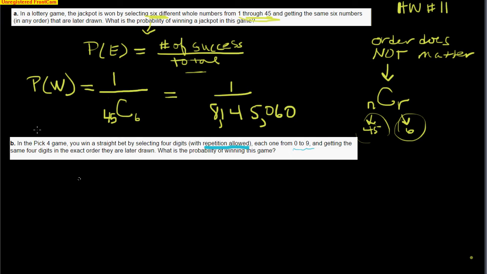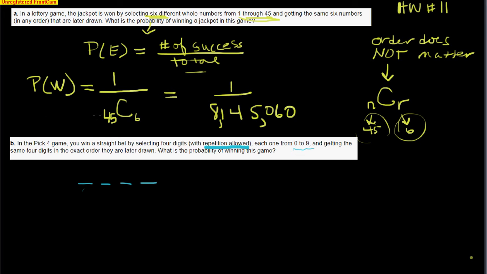So when repetition is allowed, we're not using combinations or permutations because factorial is not involved. Factorials are involved when you can't repeat, because then each time it goes down by 1. Once you've chosen a number, you don't have that number to choose from anymore. So you don't have as many choices, and it goes down by 1, and hence the factorial. But here, because we're choosing 4 digits, 1, 2, 3, 4, I could choose 5, 5, 5, 5.